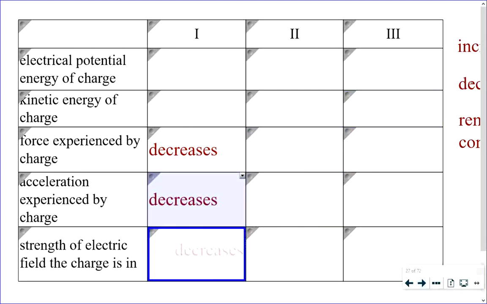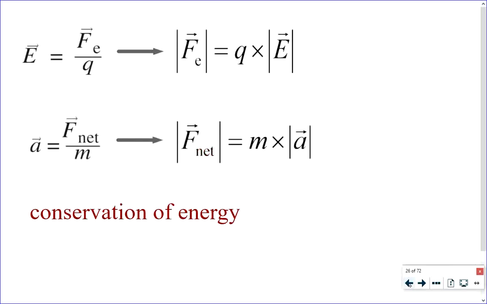And this all makes sense with equations, because if you take a look at the formulas, the acceleration is related to the net force, and the net force is related to the field. So if the field lines are further apart, you'll get less force. If you get less force, you're going to get less acceleration. These things are all intertwined together.